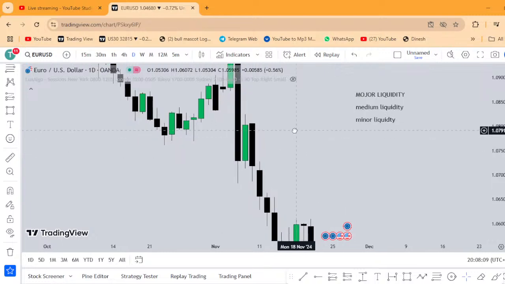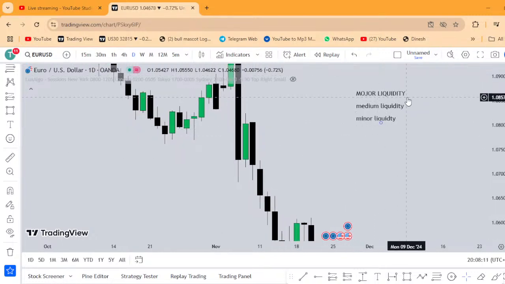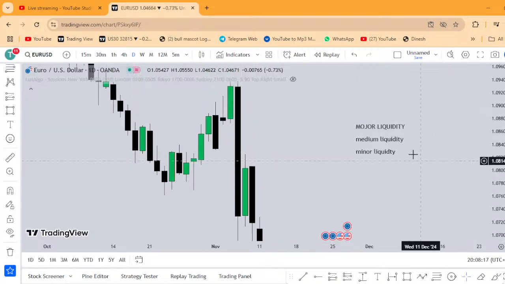Institutions focus on the major liquidity and do not look at the medium liquidities, though that doesn't mean they're not significant. The medium and minor liquidity help us create our trading entries and pattern formation, but institutions focus on major liquidity.